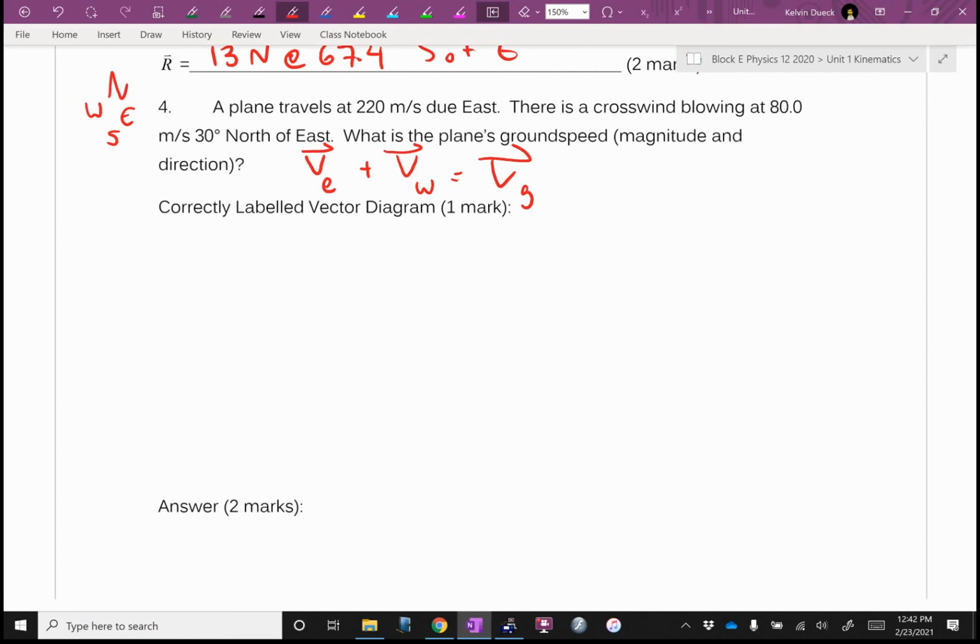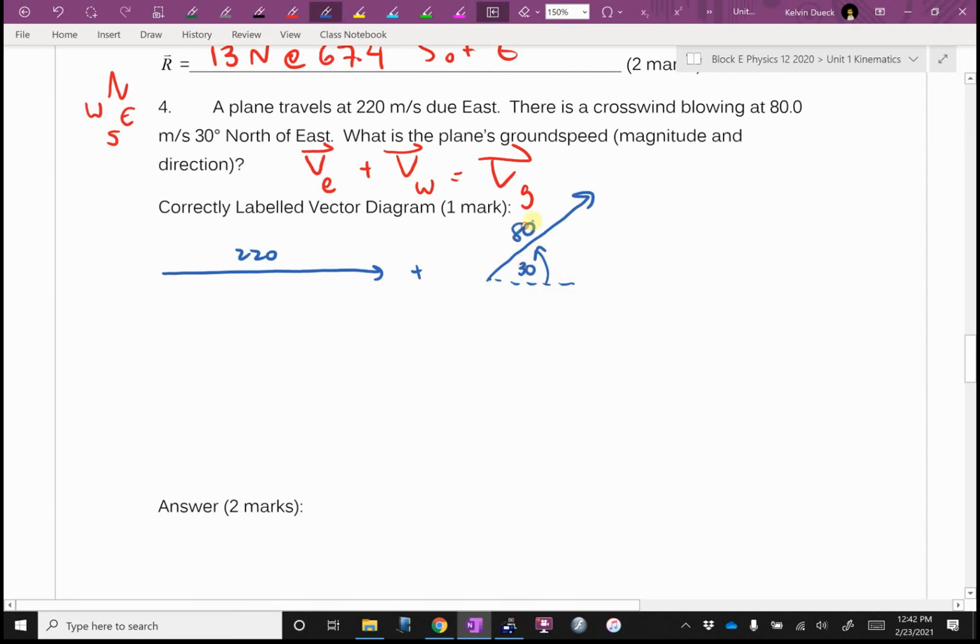The engine speed looks like it's 220 due east. Crosswind 80 meters per second at 30 degrees north of east. North of what? East. I'm going to start out going east. I'm going to go 30 degrees north of east. And that's 80.